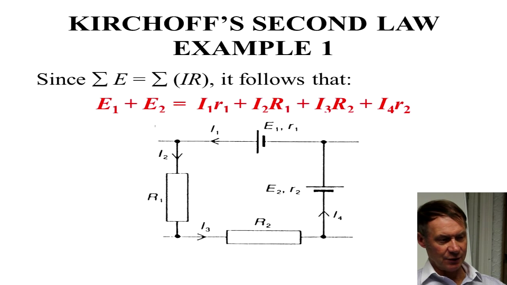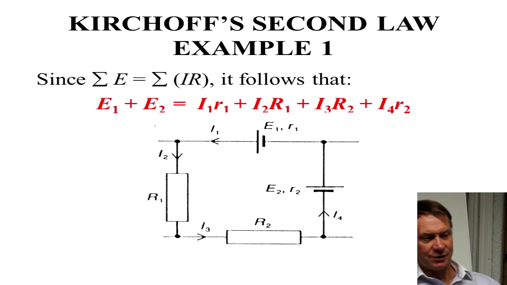On the left-hand side, going downwards, we've got I2 current going through resistor R1, so the PD across there will be I2R1. Going across the bottom, we've got current I3 going through resistor R2, which is then I3R2. And going up on the right-hand side, we have current I4 going through resistance R2, so that PD there is I4R2. So if we follow that in the red, you will see the equation that we need.